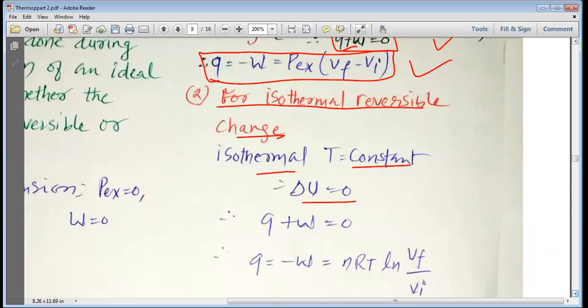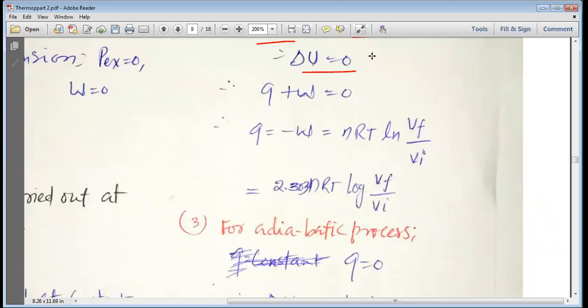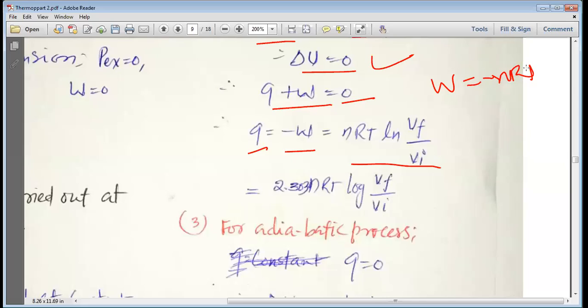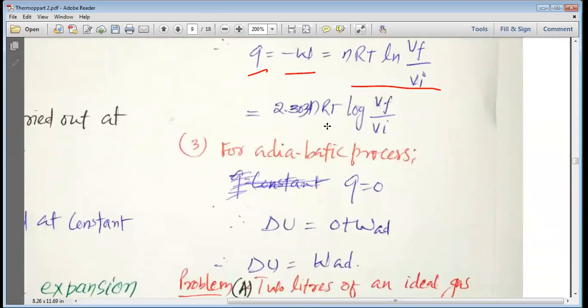As temperature remains constant, the change in the internal energy is equal to 0, because internal energy depends upon temperature, and that is why Q plus W is equal to 0, and Q is equal to minus W, that is nRT ln Vf by Vi, because we have seen that W is equal to minus nRT ln Vf by Vi. But if we put minus W, then this sign is going to be plus, and it is nRT ln Vf by Vi, or we can even write that 2.303 nRT log of Vf by Vi.